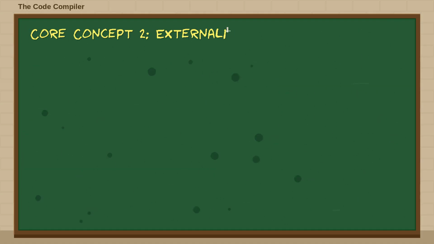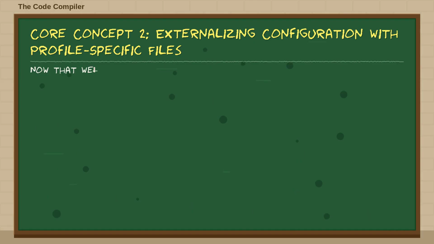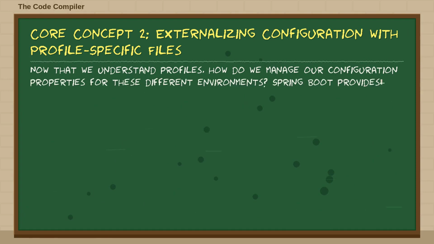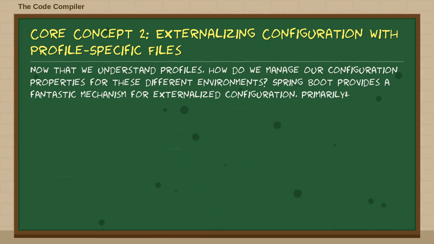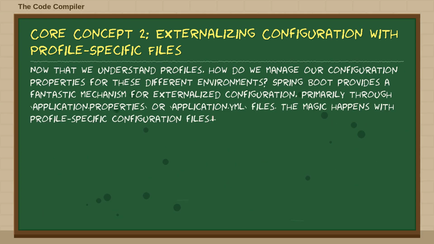Now that we understand profiles, how do we manage our configuration properties for these different environments? Spring Boot provides a fantastic mechanism for externalized configuration, primarily through application.properties or application.yml files. The magic happens with profile-specific configuration files.